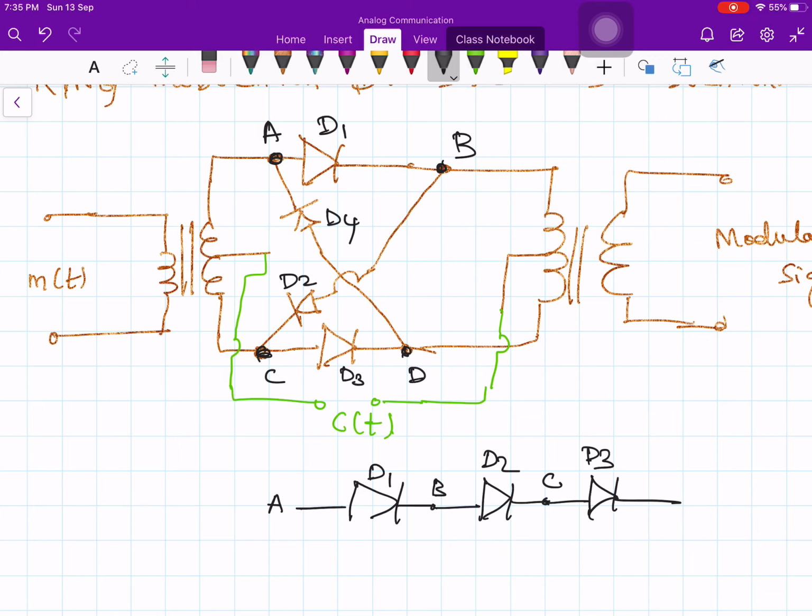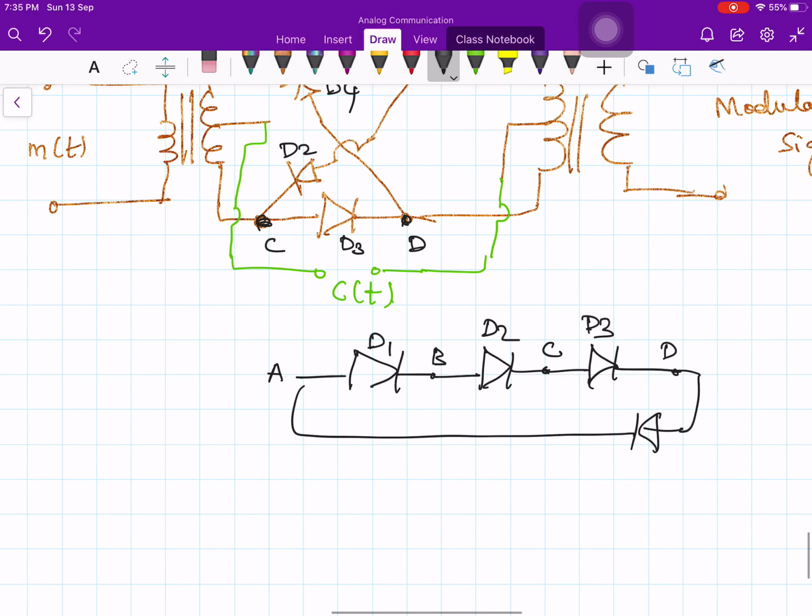Then D to A, also the same direction, D4. So that is why this is called a ring modulator. It looks like a ring, all are facing in the same direction. So if you go along these diodes, they form a ring in the same sense.